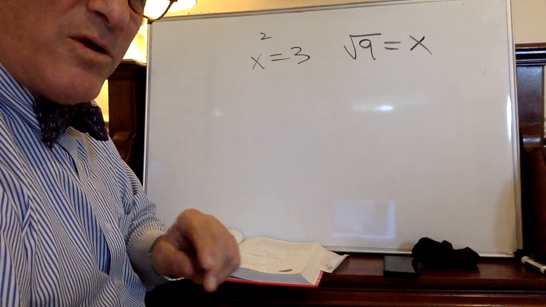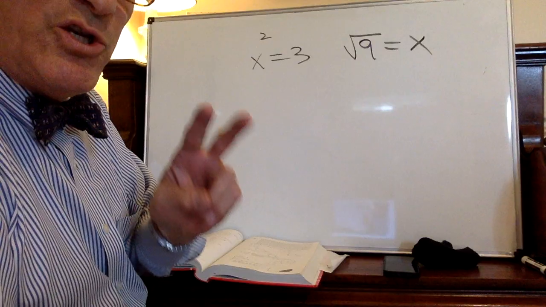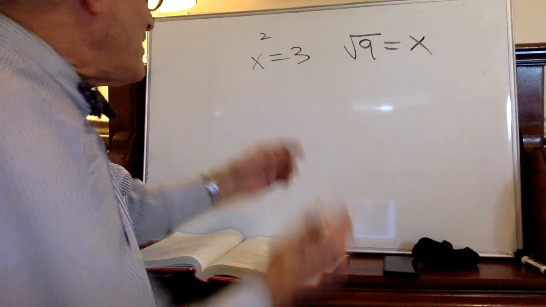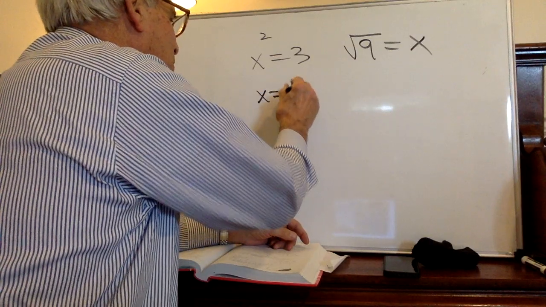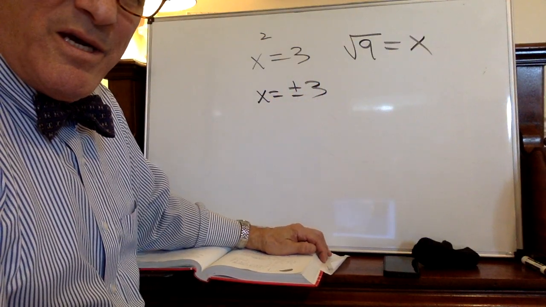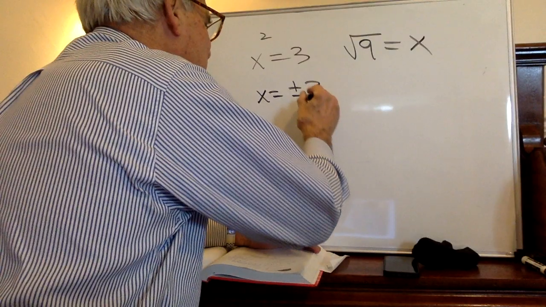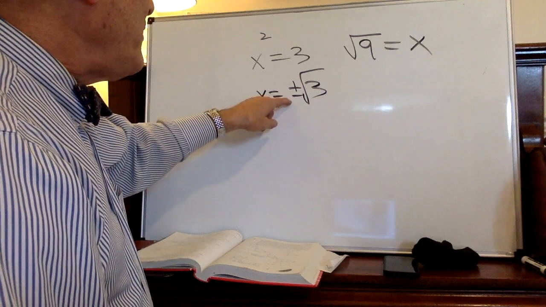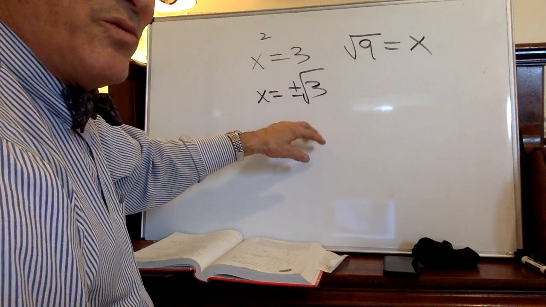A quadratic equation has to have two solutions. The two solutions you're going to get here are plus or minus the square root of 3. They both work. The square root of 3 squared is 3, and minus root 3 times minus root 3 is 3.